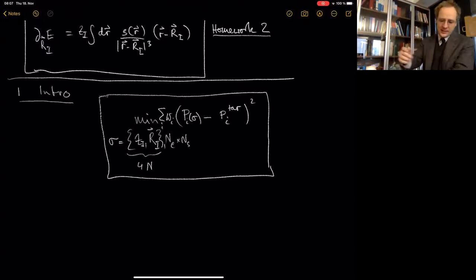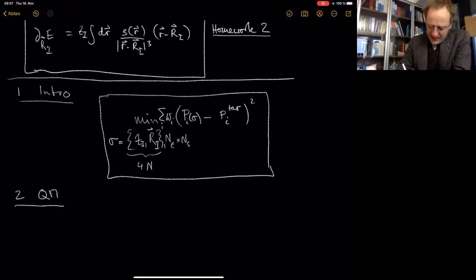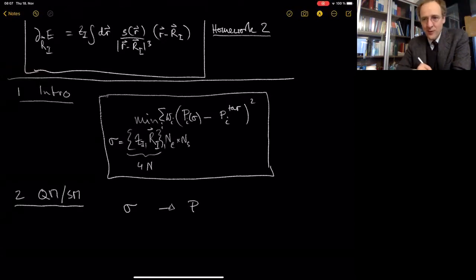Then we proceeded to the quantum mechanics, which basically allows us to go from some input to some property, okay? So strictly speaking, we should put quantum mechanics as well as statistical mechanics, right? So this is the forward map, right?